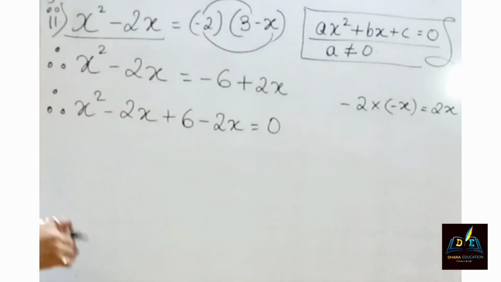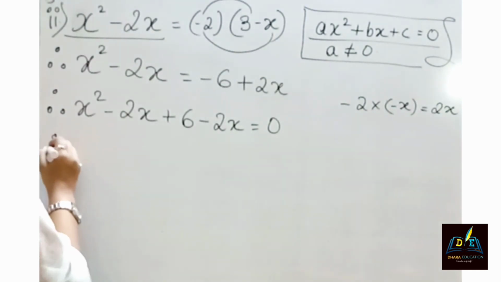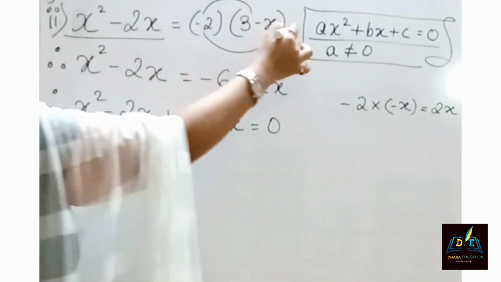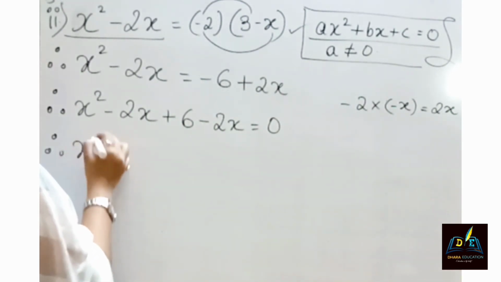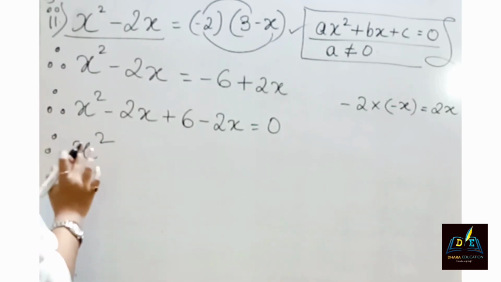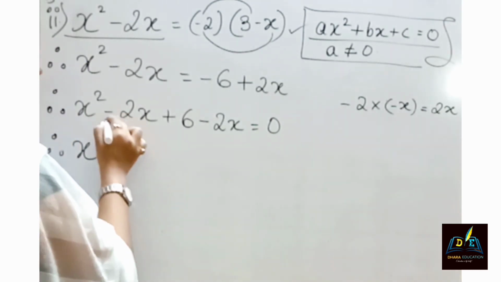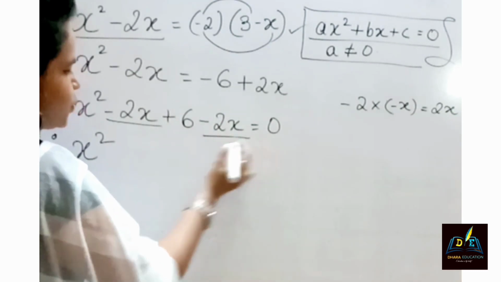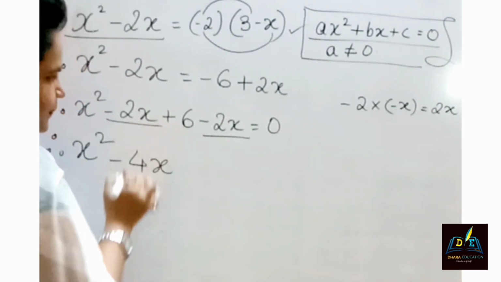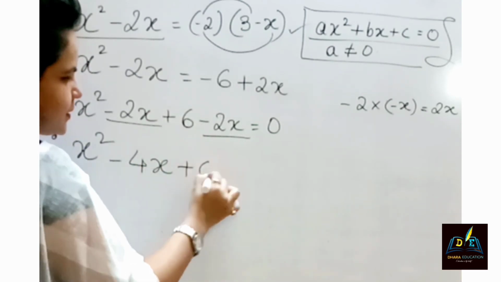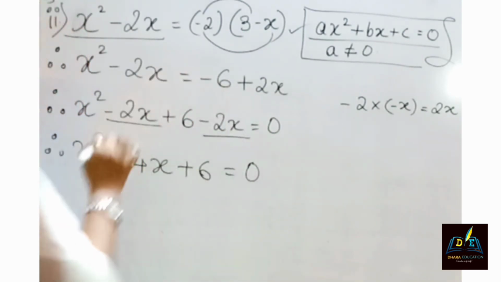Again, we need to make it in the standard form, ax square plus bx plus c is equal to 0. So here the terms will be x square as it is, then minus 2x and minus 2x gives you minus 4x, and plus 6 is equal to 0.